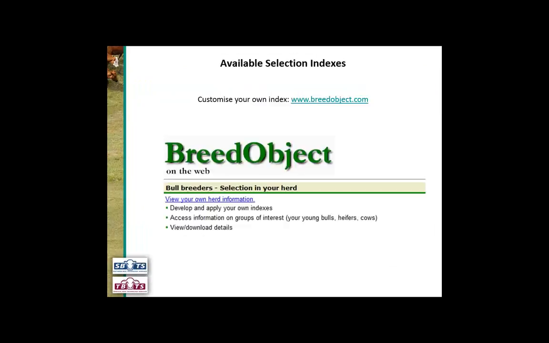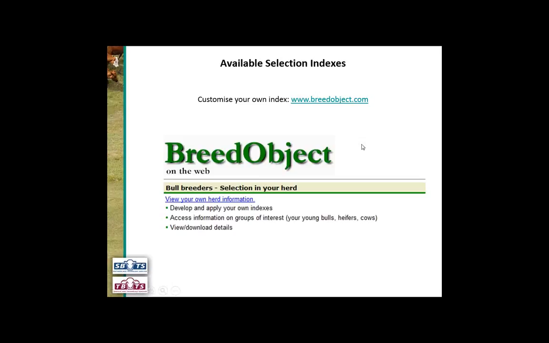Now, of course, you don't have to use the specified breed society indexes. You can actually go and design your own index, and to do that you need to go to the BreedObject website, where it will allow you to design your own index.